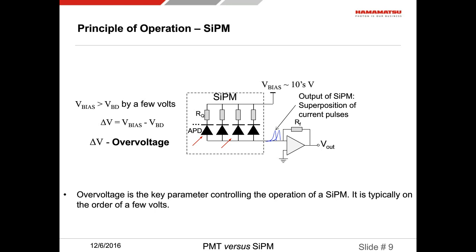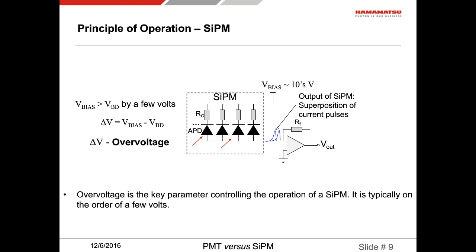The bias voltage must be high enough so that it exceeds the breakdown voltage of an APD. The breakdown voltage is the dividing voltage between the linear mode, where the gain is on the order of 10 up to 100, and Geiger mode, where the gain can be a million or so. Typically, we exceed the breakdown voltage by a few volts, 2, 3, 4, or so.